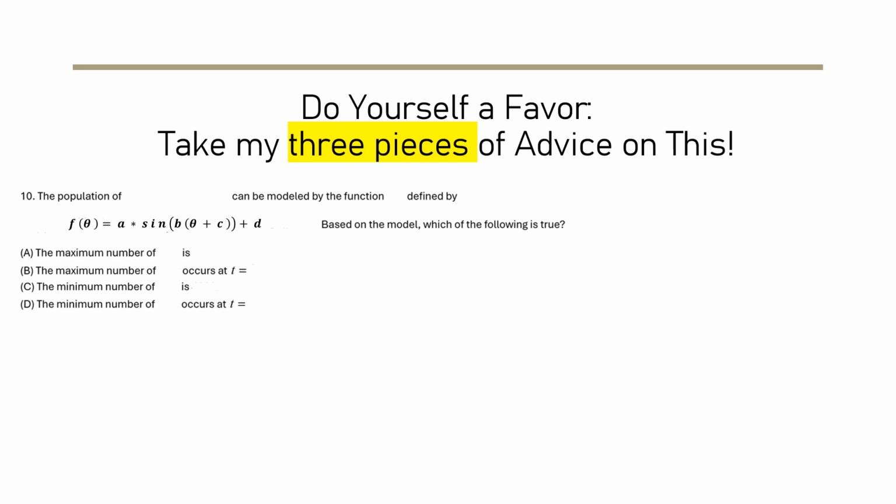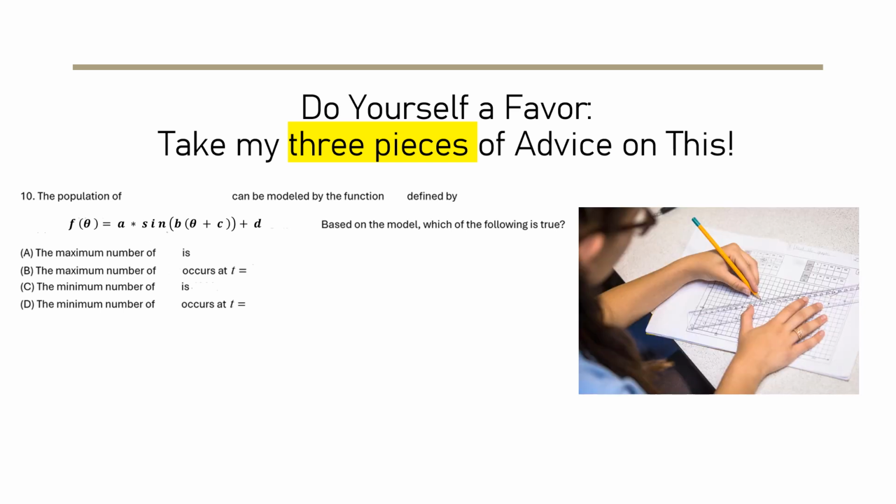Alright, I'm gonna ask you to do yourself a favor and take these 3 pieces of critical advice. If you see a problem where it has something about the population of blank modeled by the function, and you're looking for the maximum number of blank is blank, or occurs at time blank, or the minimum number of blank is blank, or occurs at time blank, I'm going to ask you to sketch yourself a little graph.